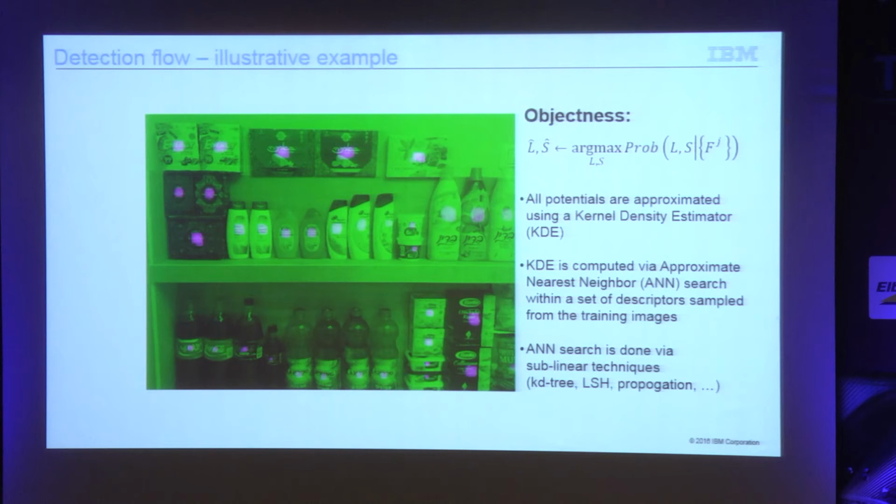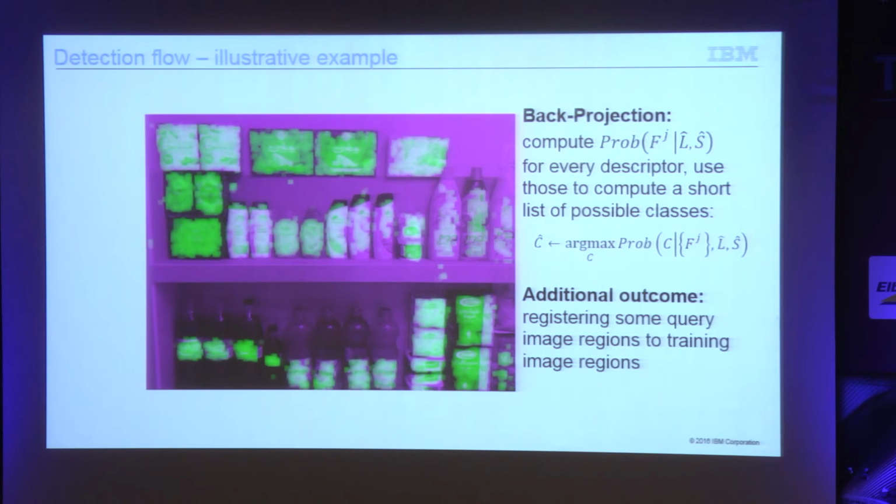And in order to do the approximate nearest neighbor search efficiently, we use some nice sublinear techniques like the well-known KD trees, locality sensitive hashing, seeded expansion, and actually we use them all in order to produce the best results.